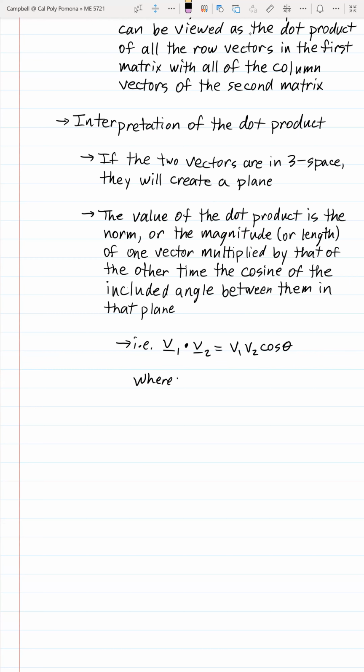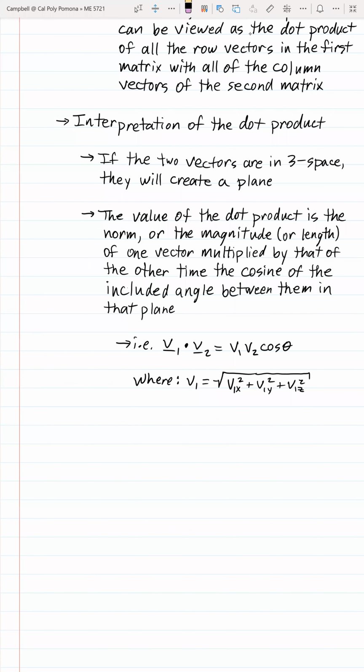Where, of course, the magnitude, specifically for V1, is equal to the square root of V1x squared plus V1y squared plus V1z squared. Since we're dealing with 3 space, we can just assume we're dealing with a rectangular system.